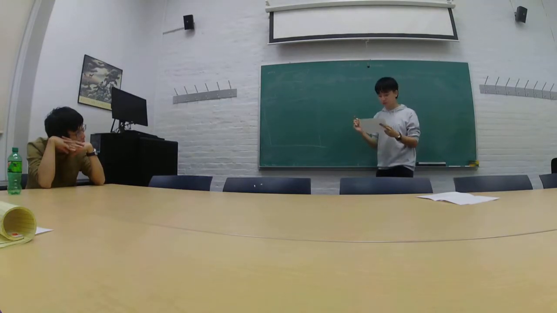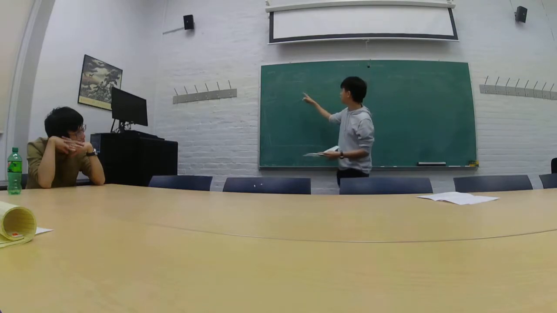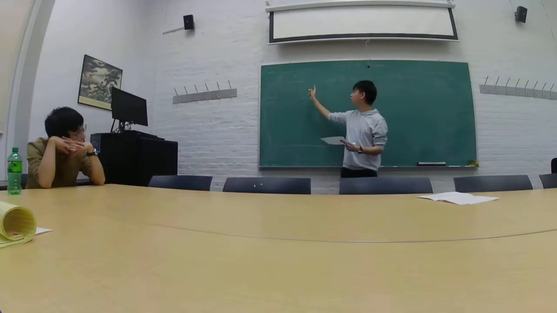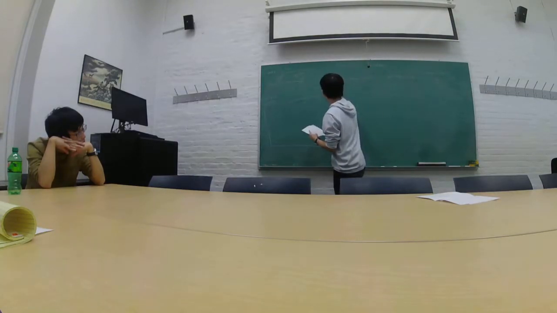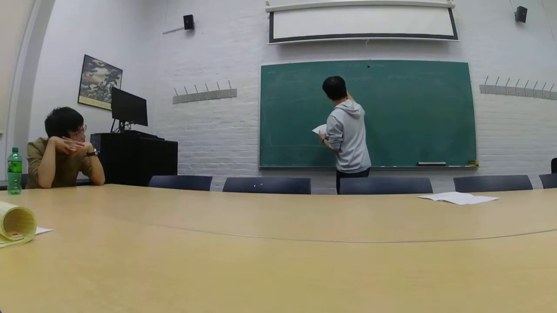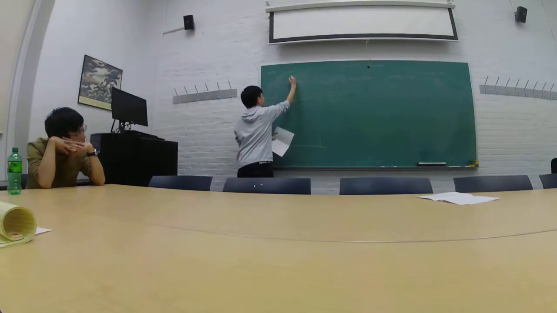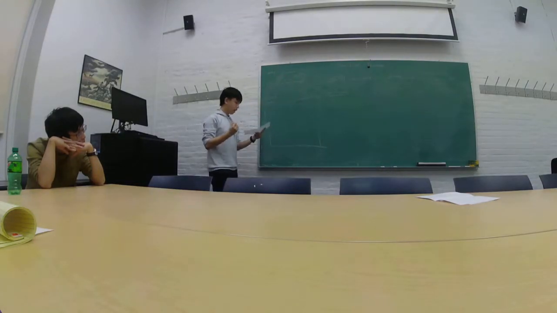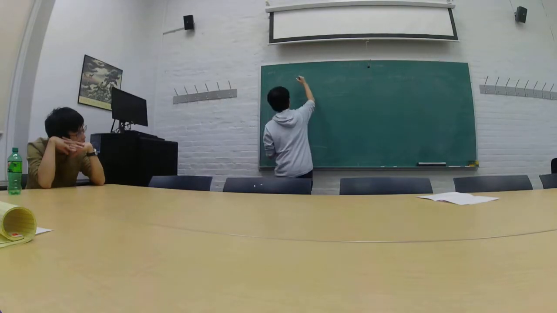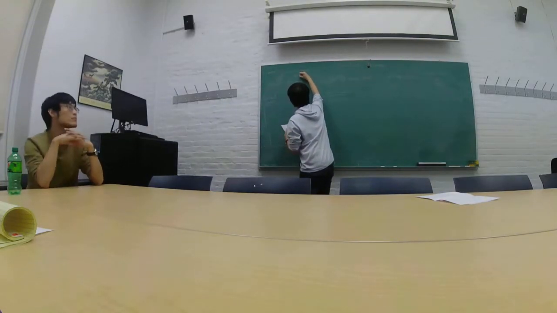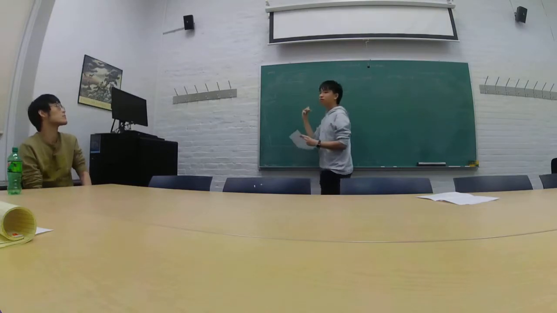So in order to prove this, let us first observe a key property of this operation T. Key property. Okay. So let us look at 2 points, X and Y in the map, and look at the corresponding image Tx and Ty.